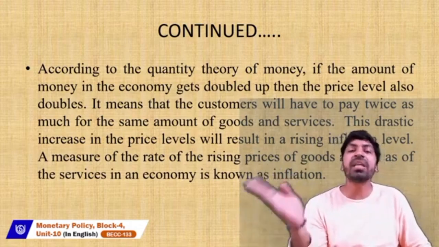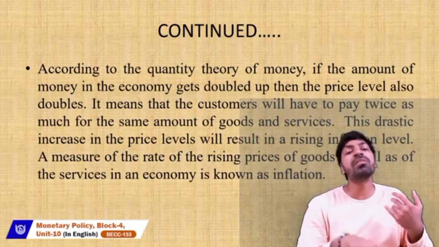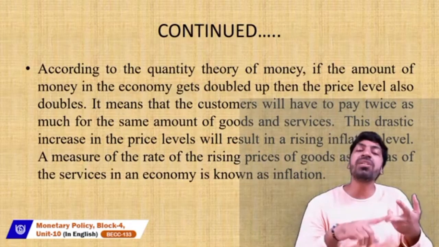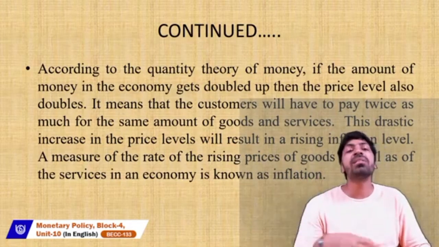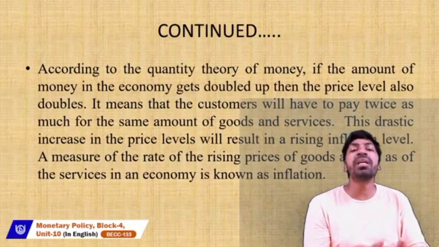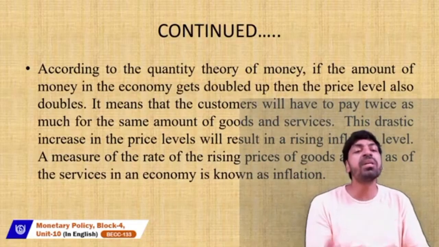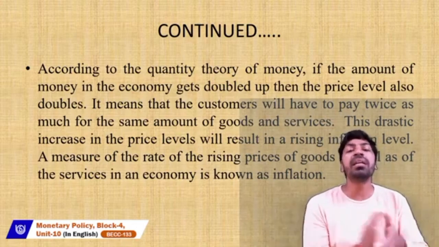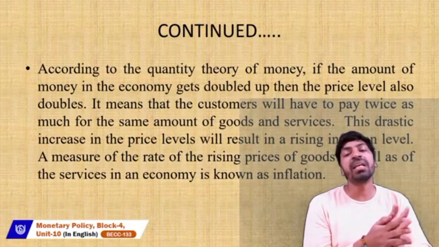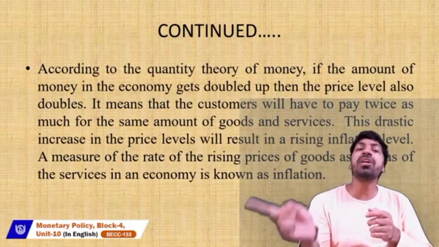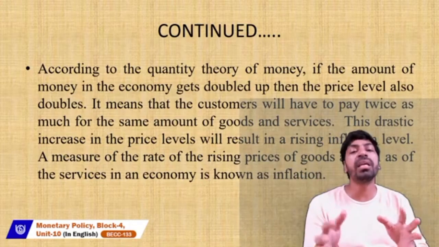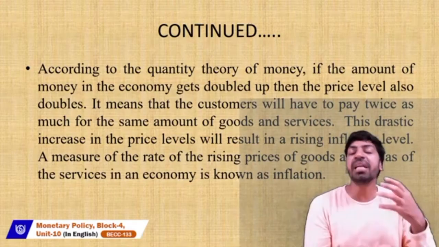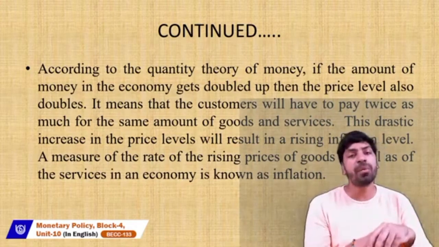So once money is increasing and the price level is also increasing, ultimately inflation would also increase. This theory states that if everything is increasing, with customers paying twice for the same goods and services, then ultimately the inflation situation will definitely increase. This theory states that if everything increases, inflation will definitely occur in any economy.